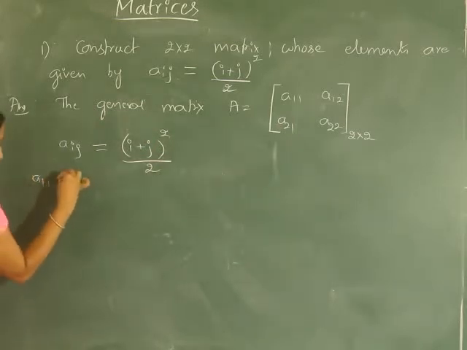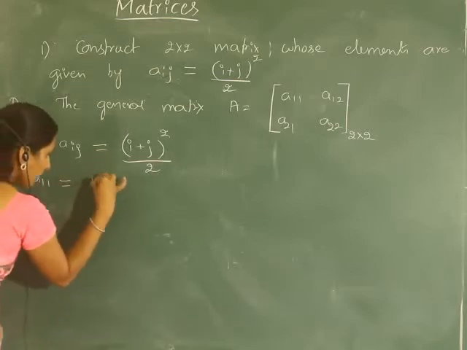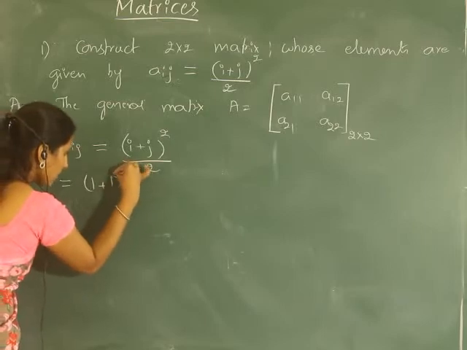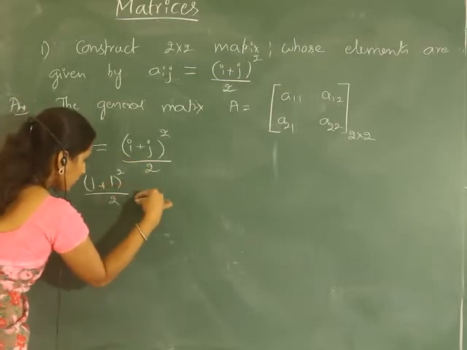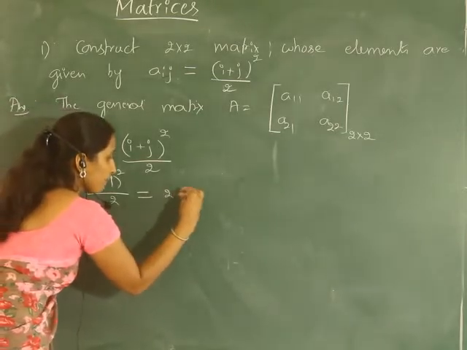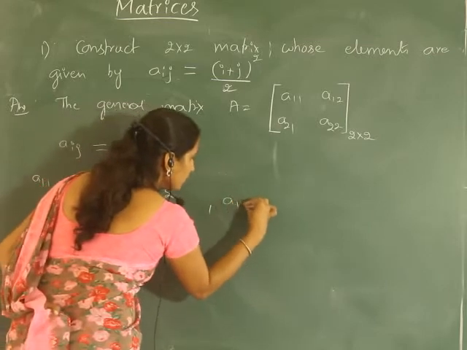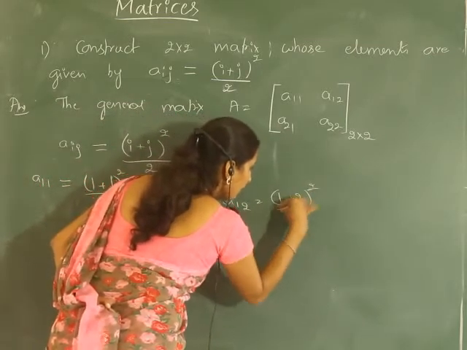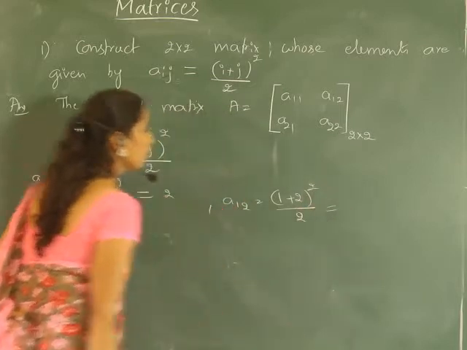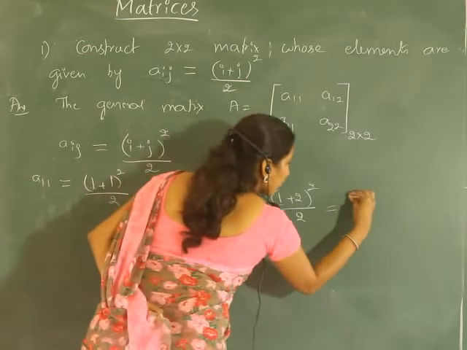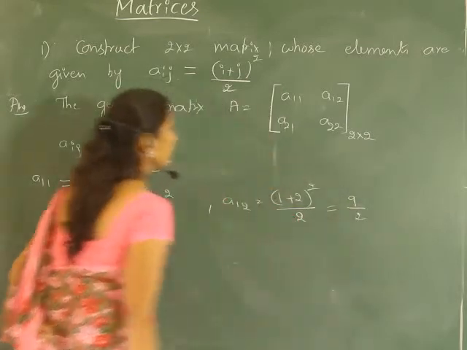A11 is equal to (1 plus 1) whole square divided by 2, so that will be 2 square by 2, which is 2. Next A12 will be (1 plus 2) whole square by 2, so 1 plus 2 is 3, 3 square is 9, so 9 by 2.